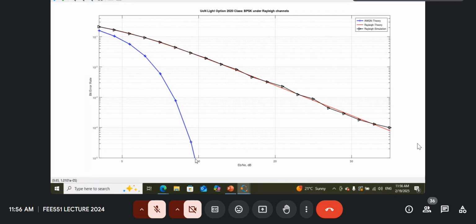So H here is going to affect that symbol in a way that now you can see the red one is, in theory but in the simulation, the Rayleigh fading, where H is distributed according to a Gaussian random variable, but you have a complex value, which we have seen.